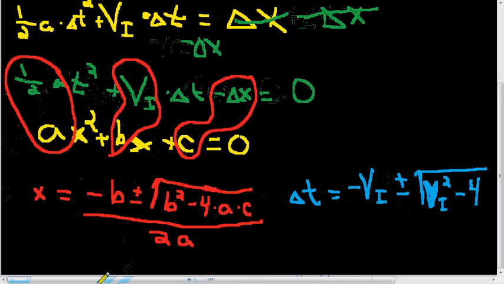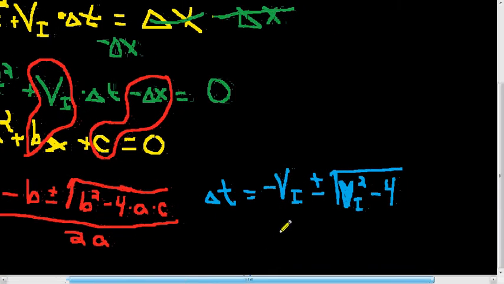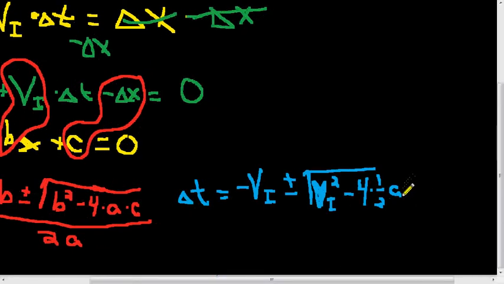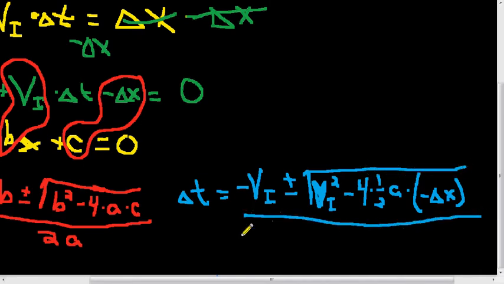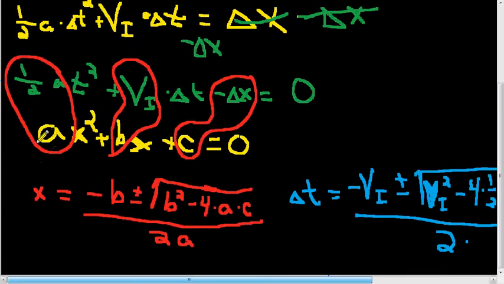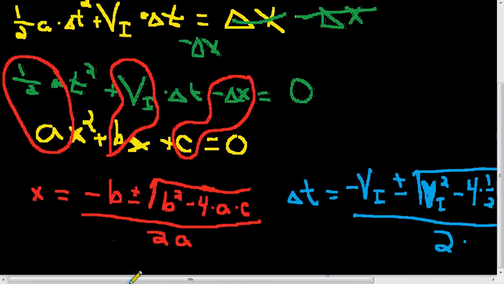Our a is now 1/2 a times 1/2 a, and our c. But now our c is a negative delta x times negative delta x. And all of this, of course, is still underneath the square root. And this whole thing right here is divided by 2a. Divided by 2 and divided by a, where our a is 1/2 a.